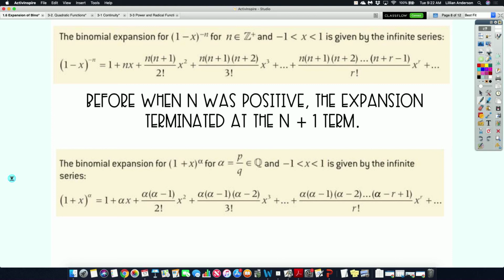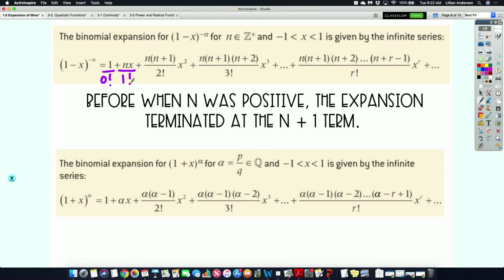Are you noticing any trends here? In the denominator, you have factorials. Technically, this is 0 factorial. What's 0 factorial equal to? 1. This is 1 factorial, and then it goes to 2 factorial and 3 factorial, and it will continue on and on forever.